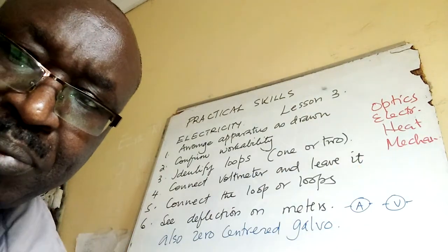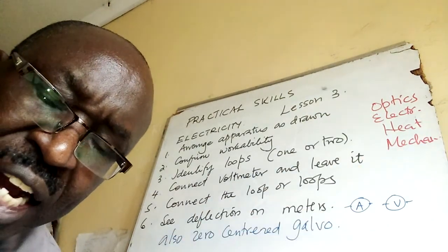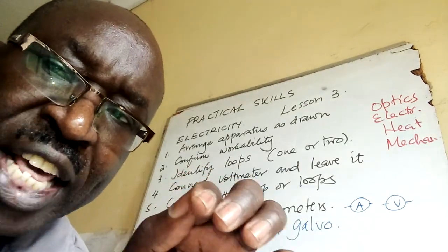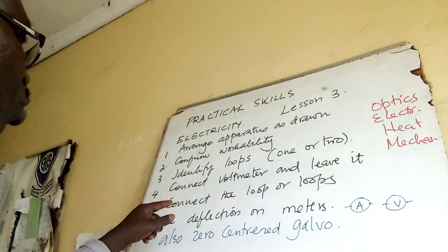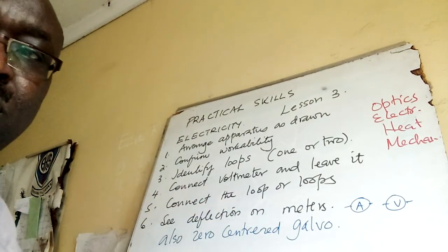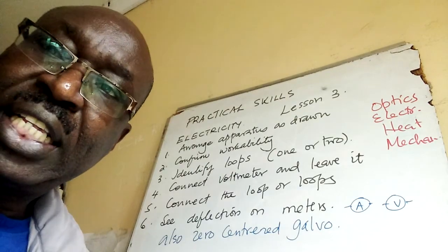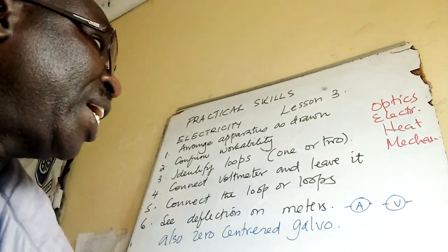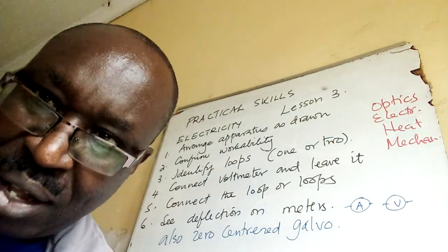Put it aside. In other words, that part of the diagram is like it is not there. So it has left us with one loop. So connect the loop. I start connecting the loop that remained, and then I come and finish with the voltmeter.